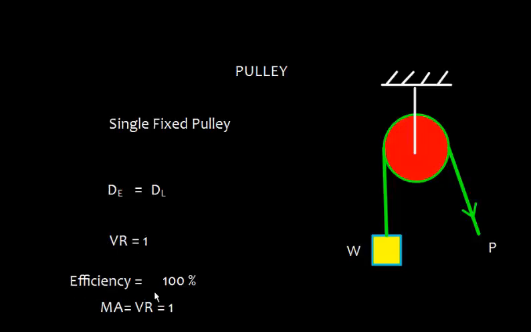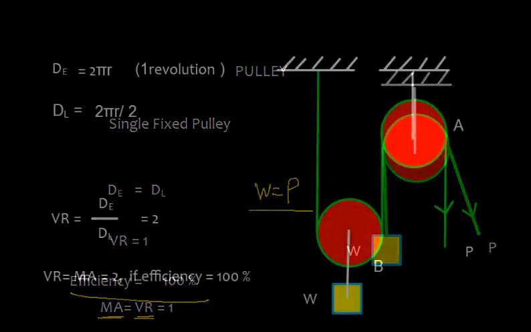So efficiency will be 100%, and mechanical advantage is equal to velocity ratio is equal to 1. Well, here W is equal to P, so the mechanical advantage is equal to 1. And the advantage of this pulley system is that the direction of effort can be controlled.